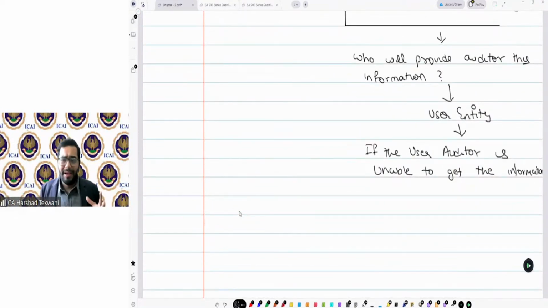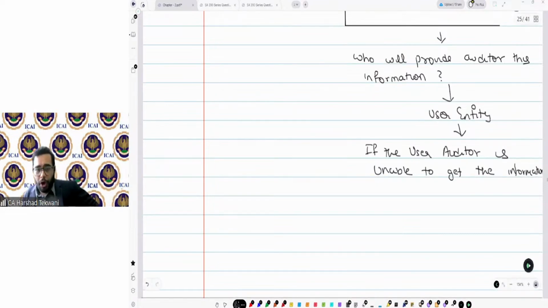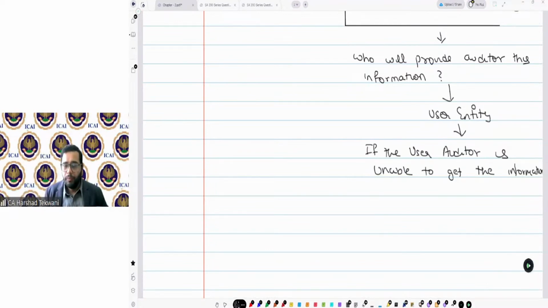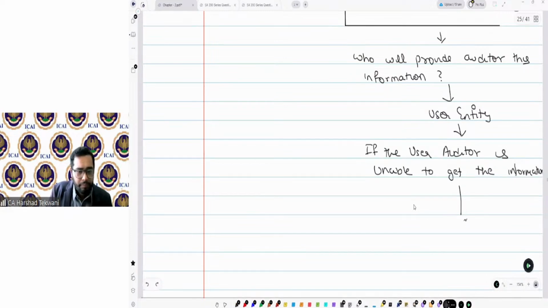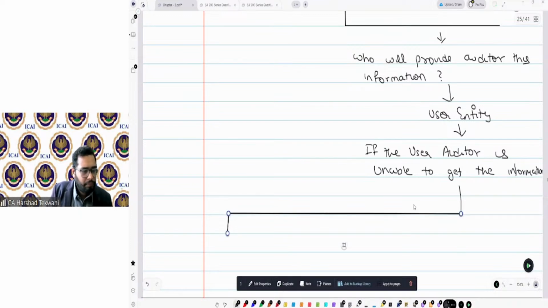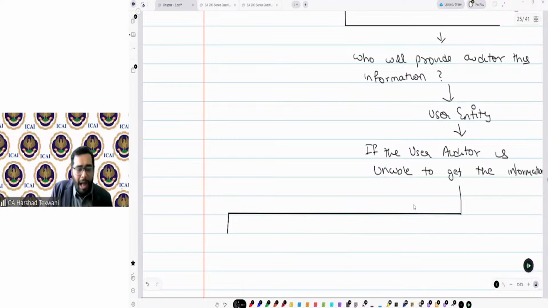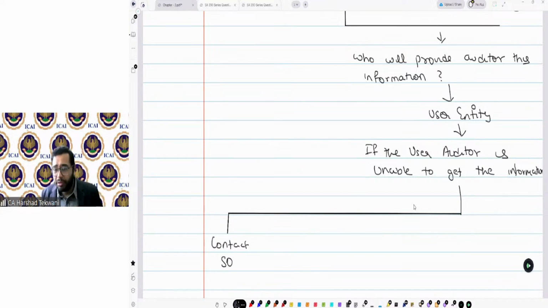okay, if the user entity doesn't have it, or doesn't want to give it, in that case, what can we do as a user auditor? I can do these things. Either I can contact the service organization and ask them to please provide me the information.